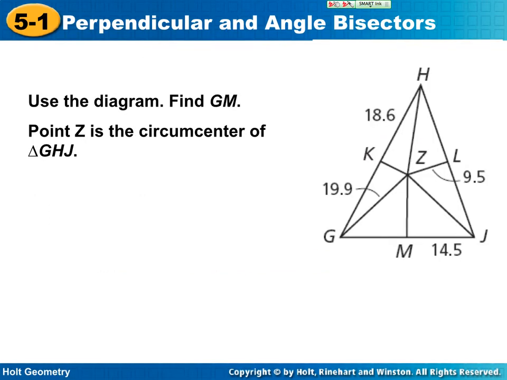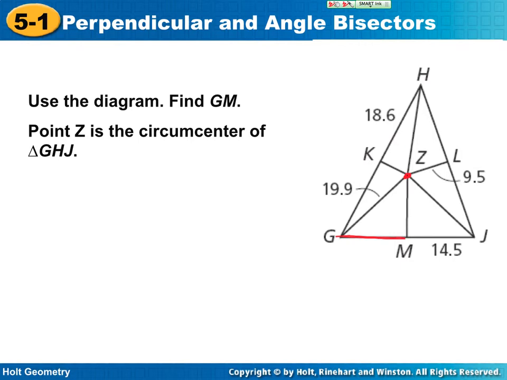Find GM. This point Z is the circumcenter. Not a lot of markings in this picture. Circumcenter, equidistant from the vertices. What's GM? I think it's 14.5? Can you justify that? Or is it just a guess?